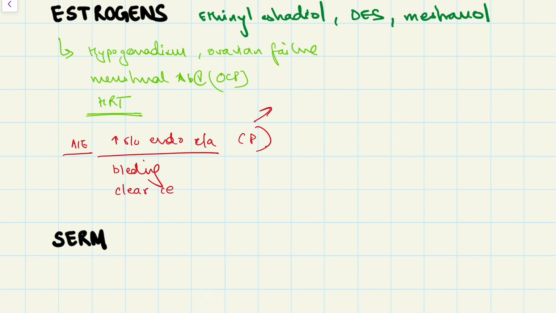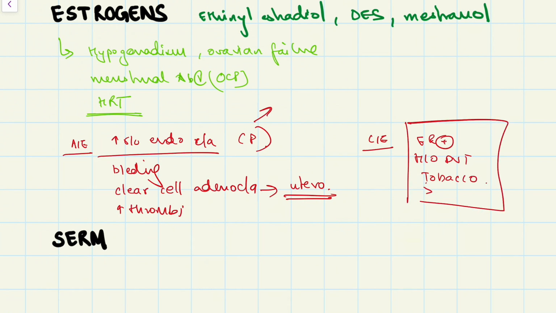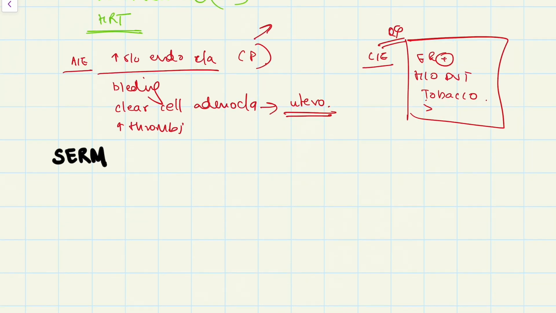Then DES we already studied is associated with clear cell adenocarcinoma in the vagina of females who are exposed to it in utero. Then there is increased risk of thrombi. The contraindications of giving estrogen are ER positive breast cancer, history of DVT or history of tobacco use. This is very important, and these are also contraindications of using oral contraceptive pills.